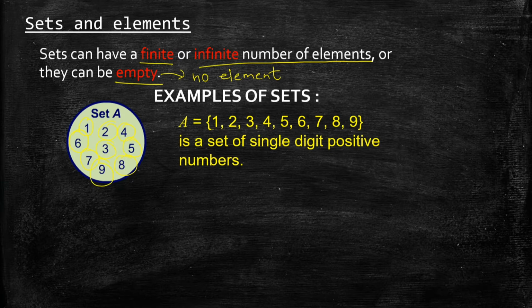So I can say that this set has 9 elements. Definitely it is a finite set because we can count the total number of elements present. And what is this set denoting? It is denoting the set of single digit positive numbers. This is the way you describe your set.